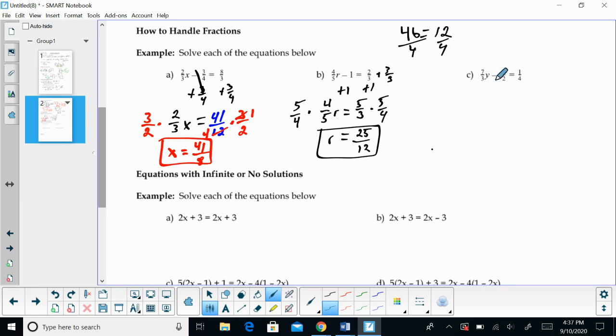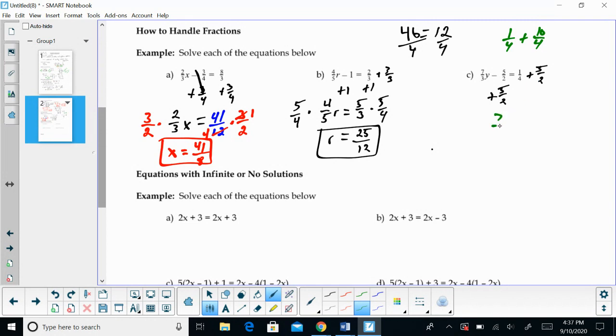One more. The first thing I'm going to do is add 5/2 to both sides. I have to get like denominators. So the least common denominator here would be 4. So I'd have 1/4 plus, how do I get 2 to 4? I multiply by 2, so 5 times 2 is 10. Add those together.